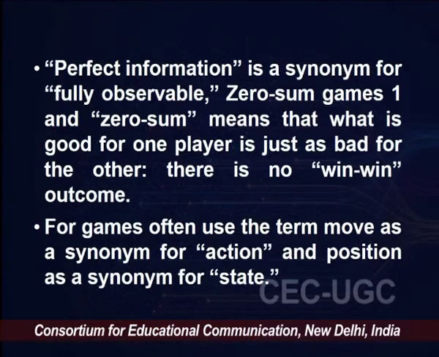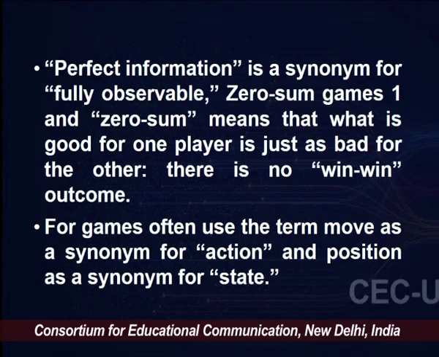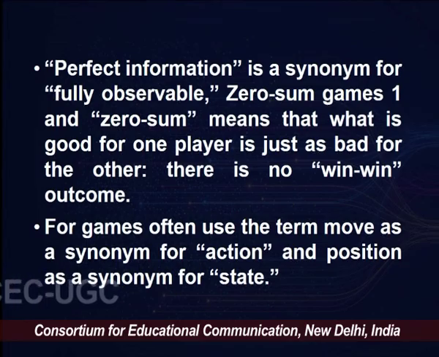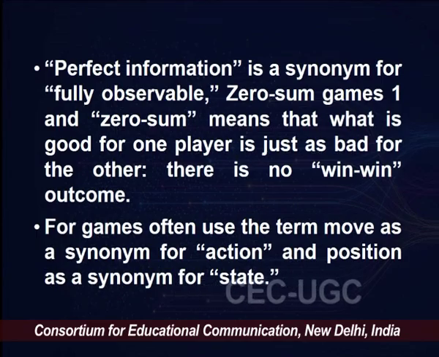Perfect information also means we can call the environment fully observable. And zero sum games means that what is good for one player is just as bad for the other, and there is no win-win outcome. That means both cannot win. One will win, another will definitely lose.